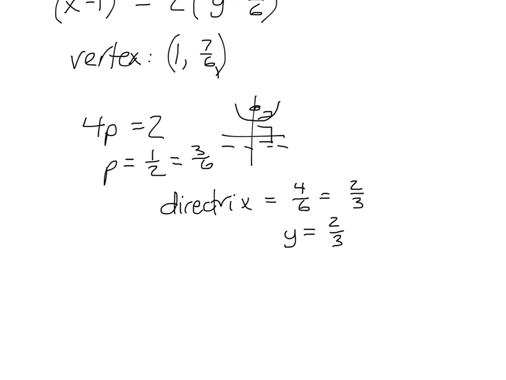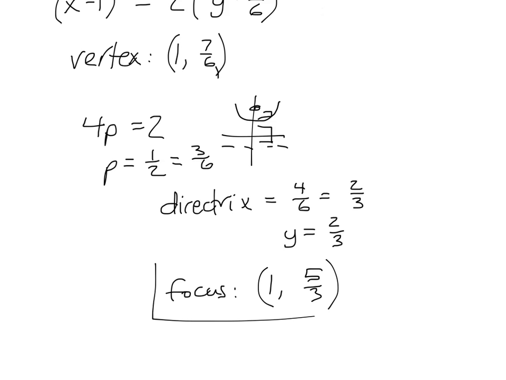So it's going to end up being 10/6. The focus is going to be, and the x value is just going to stay exactly the same, and 10/6 simplifies to be 5/3. So there we have our focus, our directrix, and our vertex.